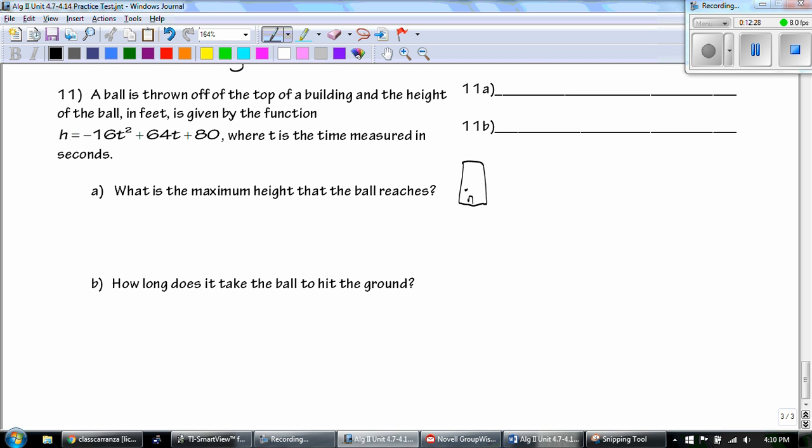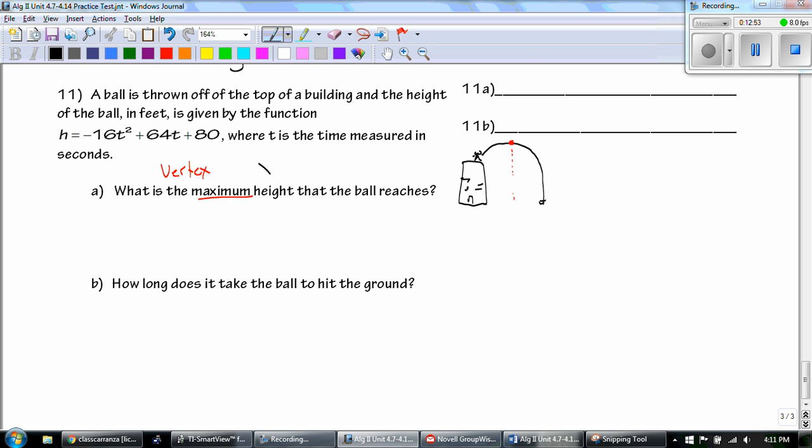Here's our building, windows. There's somebody and they throw a ball and then it hits the ground. Okay, so what is the maximum height that the ball reaches? To find that, that is the vertex. Okay, the maximum height is the vertex.